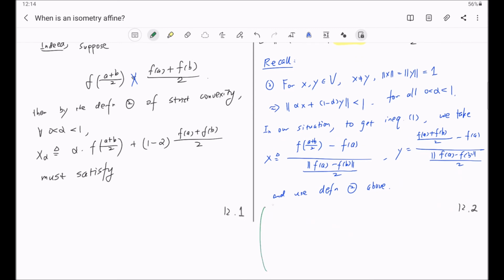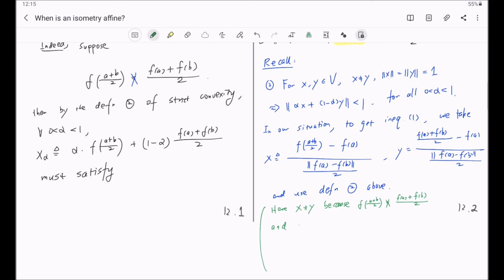Here, x is not equal to y because we assumed that f of (a plus b divided by 2) is not equal to (f of a plus f of b) divided by 2. So they cannot be equal.